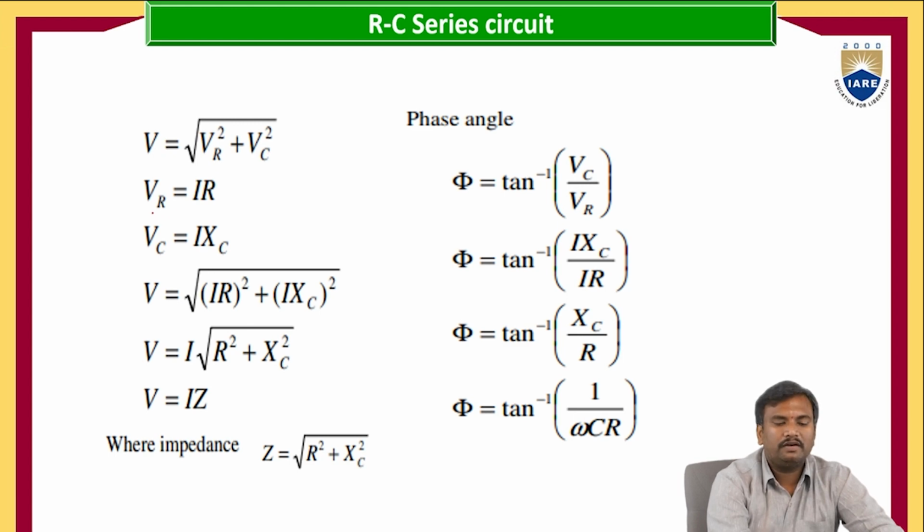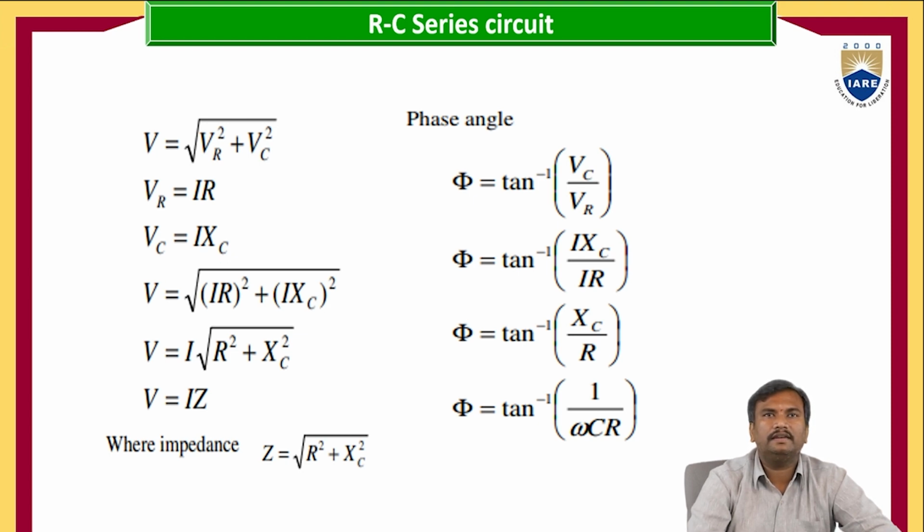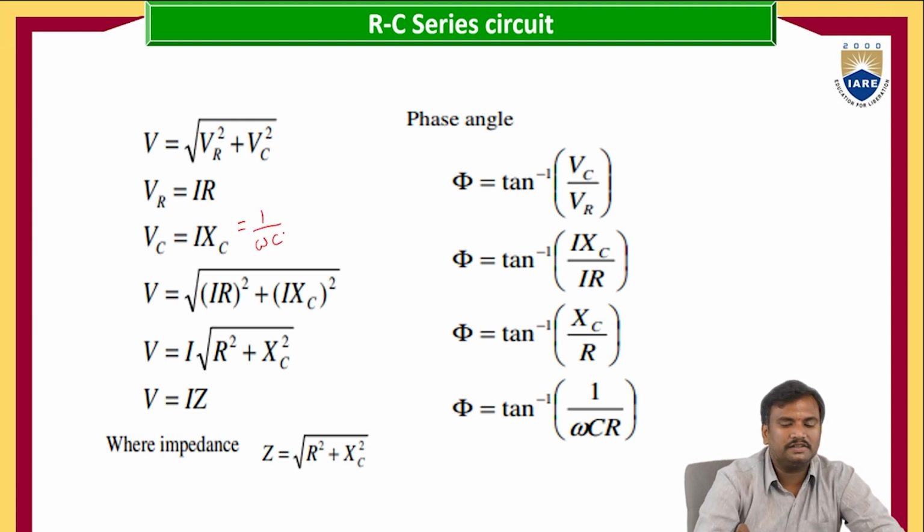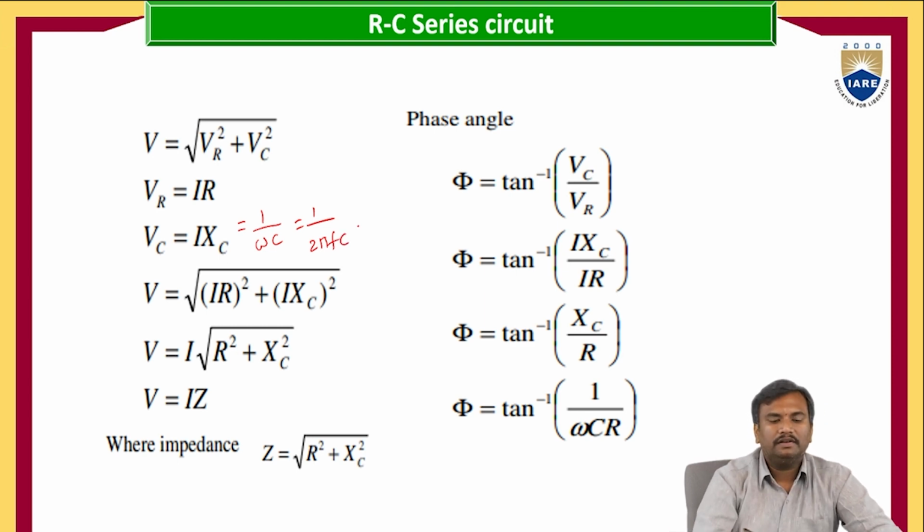So what is VR? VR equals I into R, that is the current flowing through the resistance multiplied with the resistance. Whereas VC equals I into XC, the reactance of the capacitance, where XC equals 1 by omega C, that is 1 by 2 pi FC.